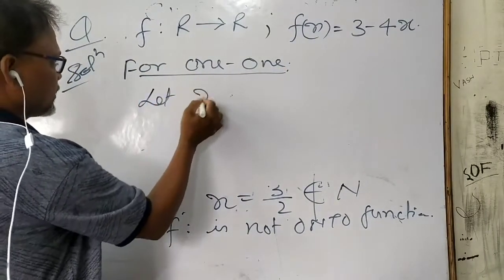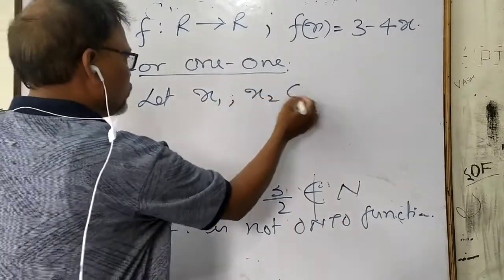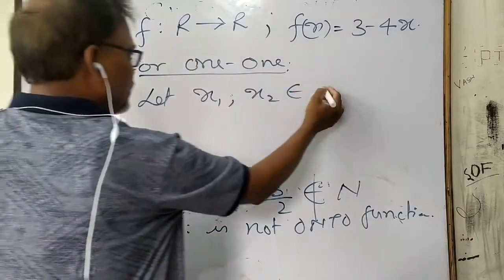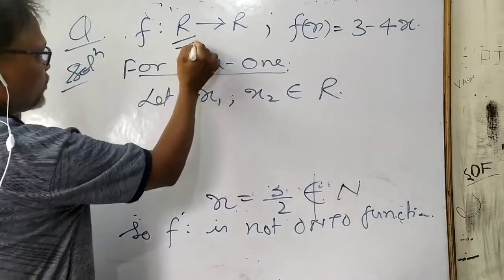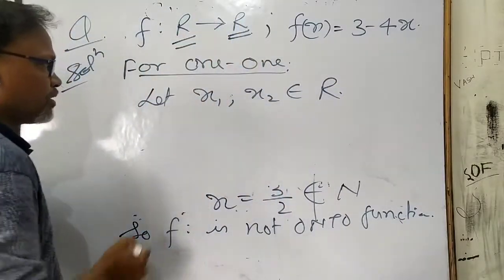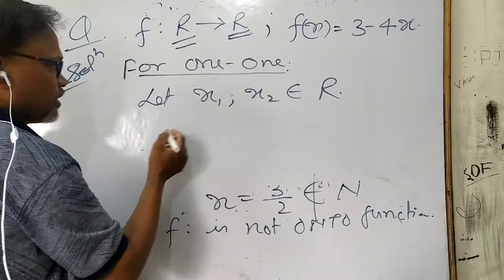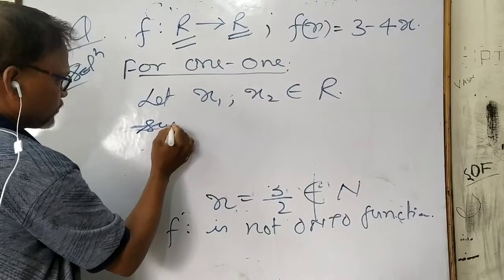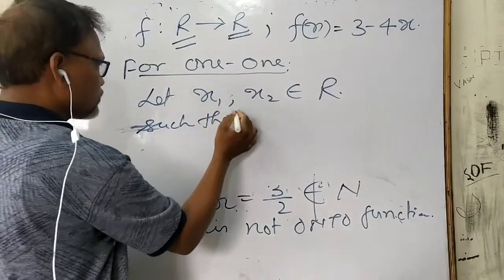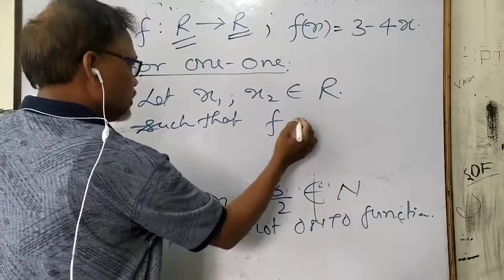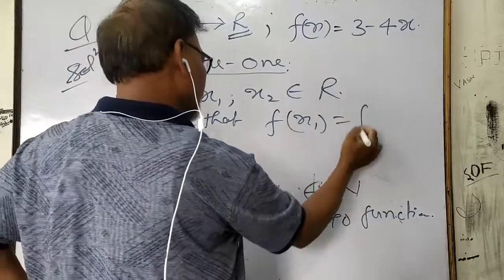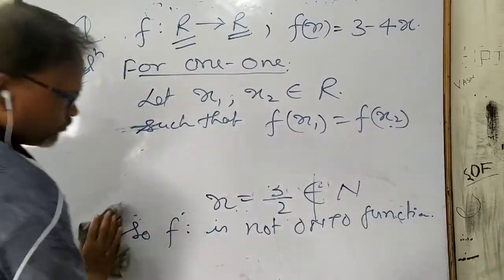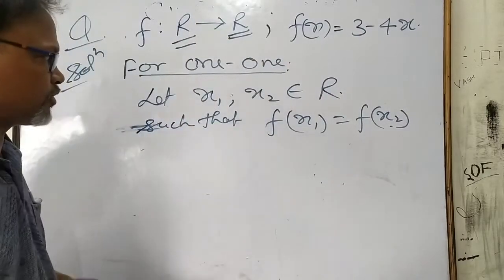Let x1, x2 belong to the real numbers, because here the real numbers are both the domain and the range, such that f(x1) is equal to f(x2). Now put the values x1 and x2 in the above equation.